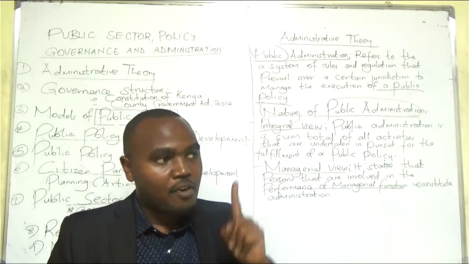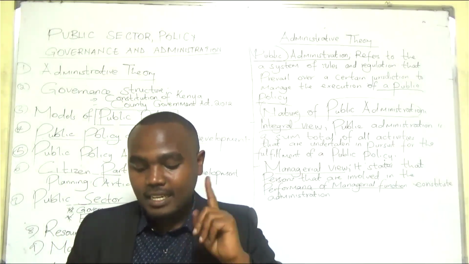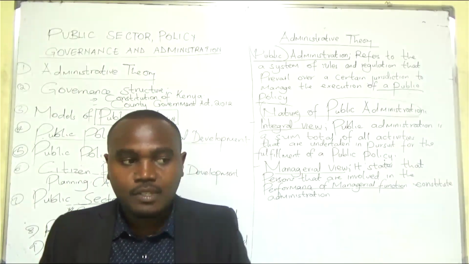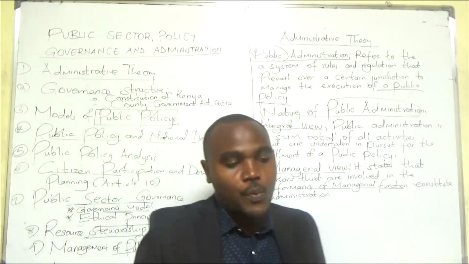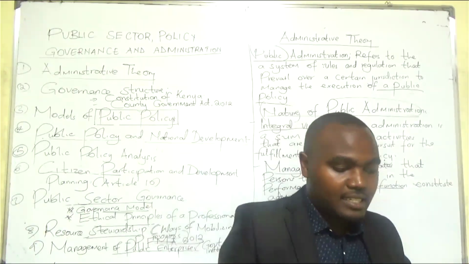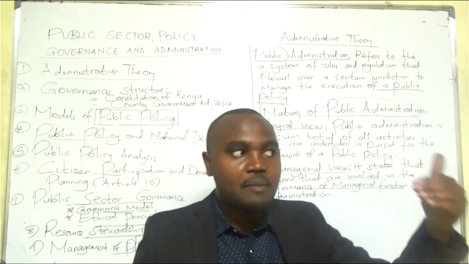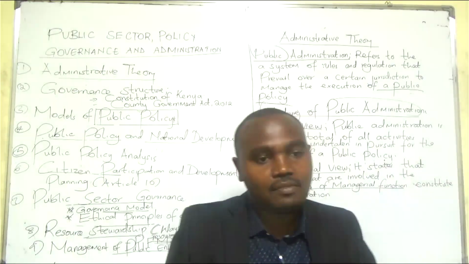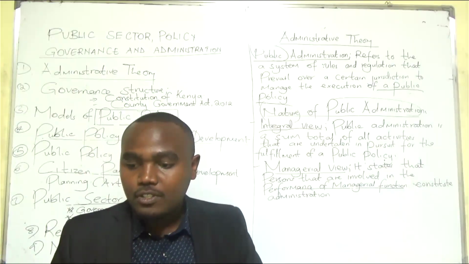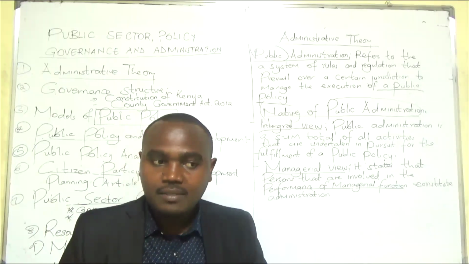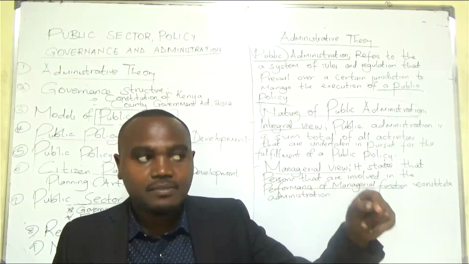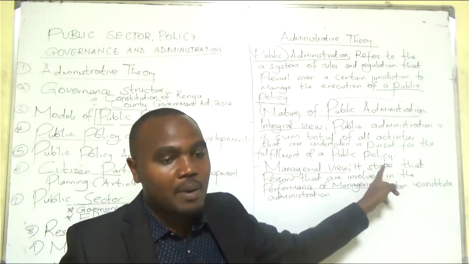Four, after organizing and staffing, we need also to direct them. What is directing? We are inspiring and instructing the members to behave in a particular manner so that they can achieve the objective. The fifth one is controlling. Controlling means we want to see to what extent we have achieved the implementation of a public policy.